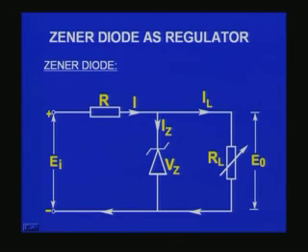But unfortunately, if I want larger current, say 1 ampere or 10 amperes as the case may be, I must use a Zener diode which has a large power rating. As I want larger and larger current for my load, I have to go in for a Zener diode with much higher power rating, and Zener diodes with higher power ratings will, as you can expect, be more expensive.